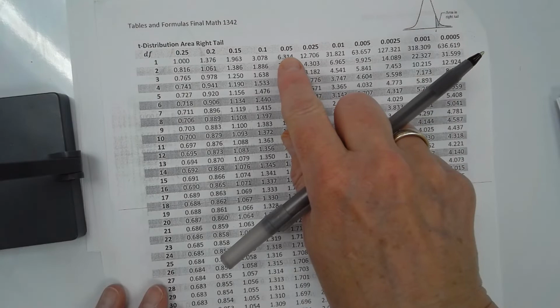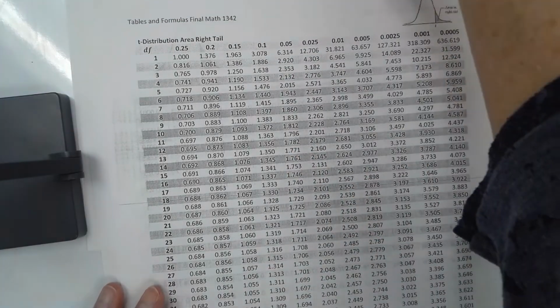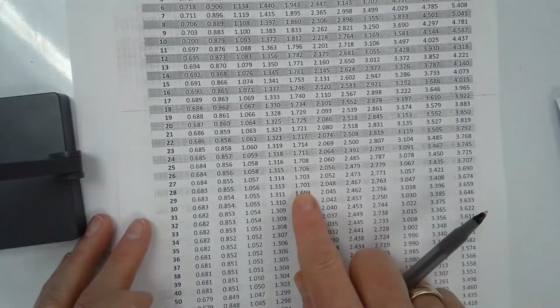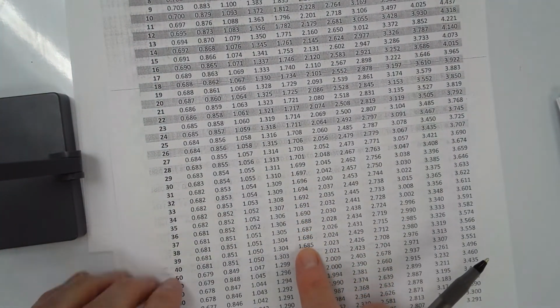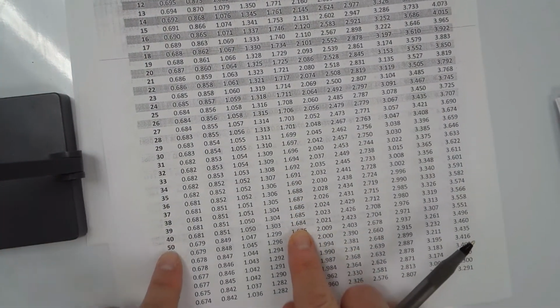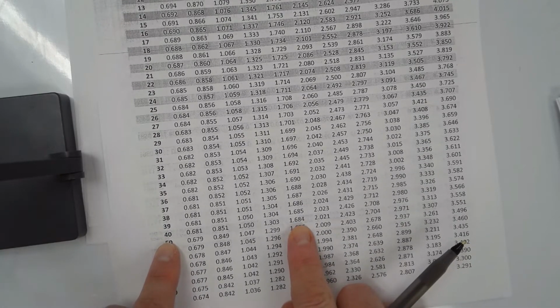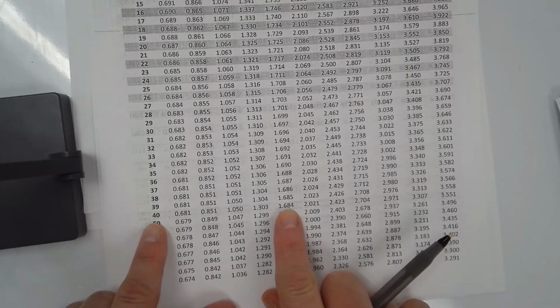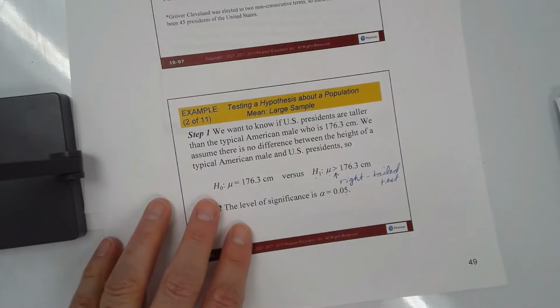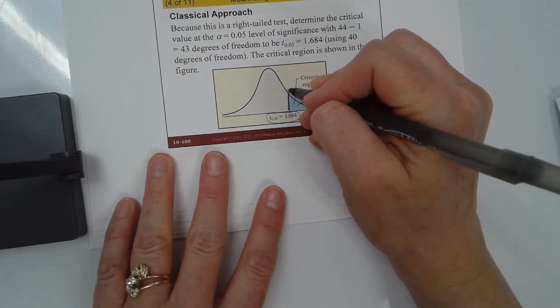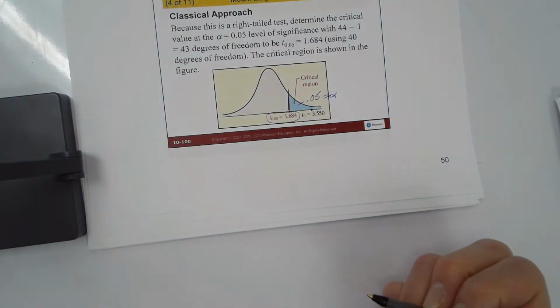Go down to 43, because the degrees of freedom are 43. There's a 40, but there's no 43. There's a 40 and a 50, so 40 is as close as we can get. So we use 1.684 from the table. That's where we get this cut point here, that 1.684.